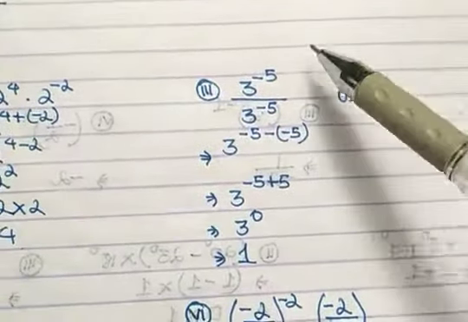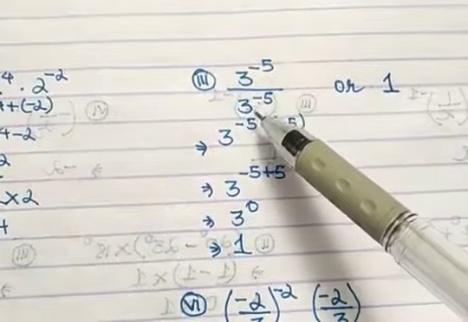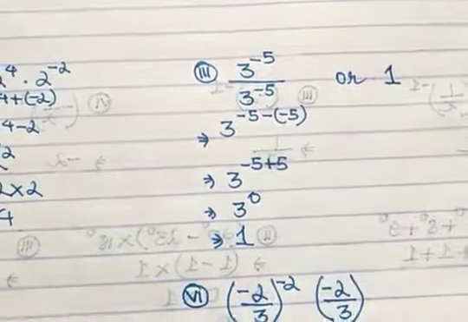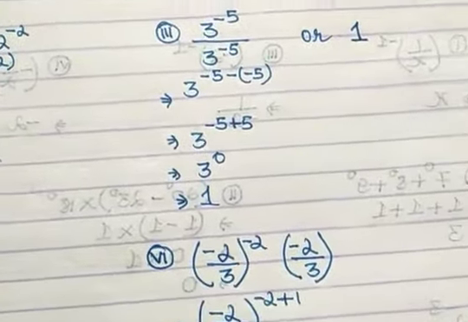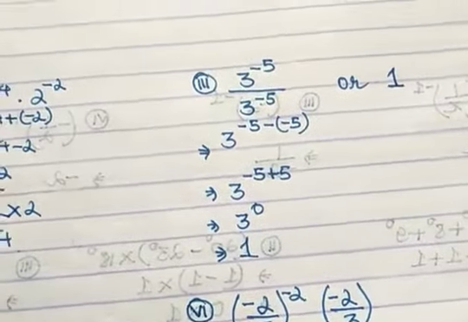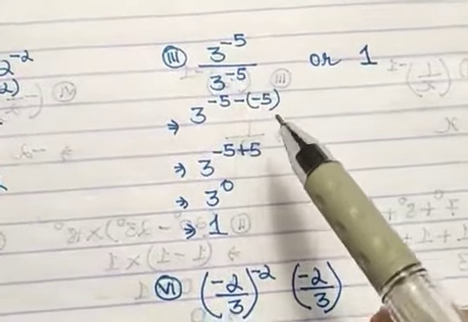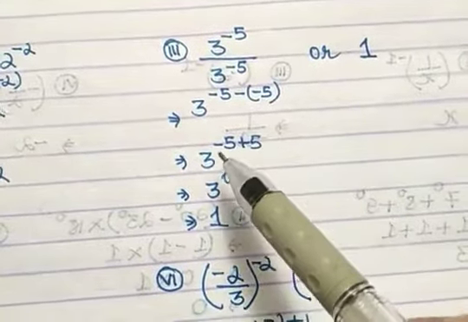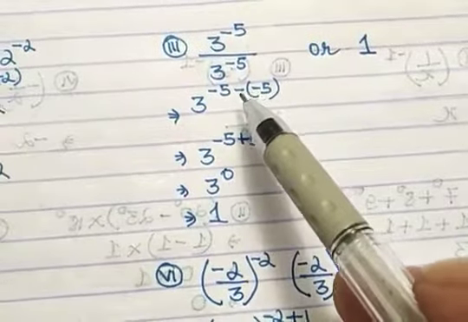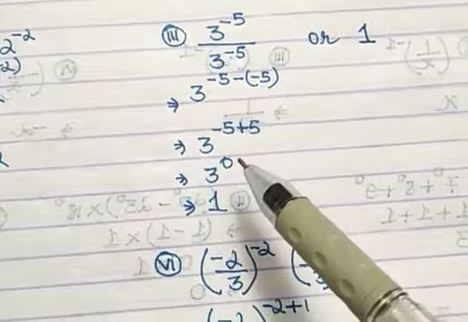Now the second one, 3 to the power minus 5 divided by 3 to the power minus 5. Again, e to the power m divided by e to the power n. I am using that law, or you can use another as well. First convert the sign as well, and you will get the same result. 3 to the power minus 5 minus, the second term was also negative, so minus 3 to the power minus 5. Opening up the bracket, minus into minus is plus 5. Opposite signs are subtracted, sign of greater number follows.